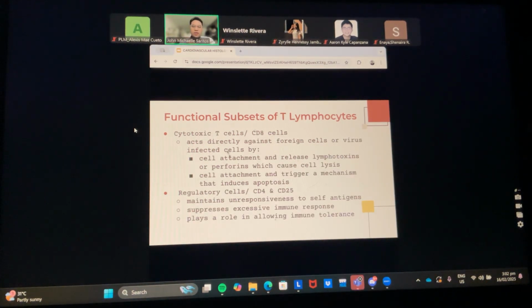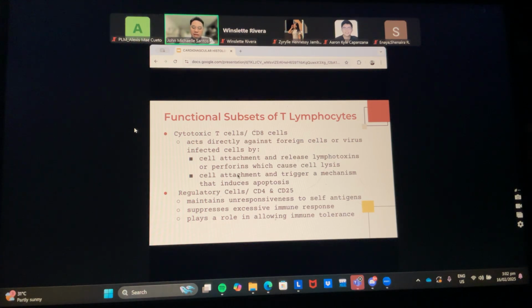Okay, so this one, cytotoxic T cells naman or CD8, it directly act against foreign cells or virus-infected cells. So the cell they attach to the cells and release lymphotoxins and perforins, which can cause cell lysis, and after attachment, they trigger mechanism that induces apoptosis. So ano yung mga na-produce doon?